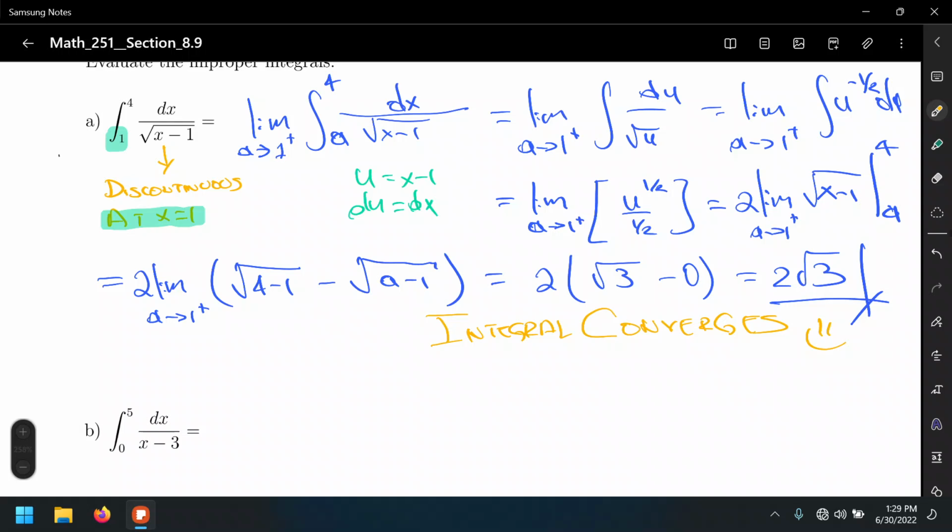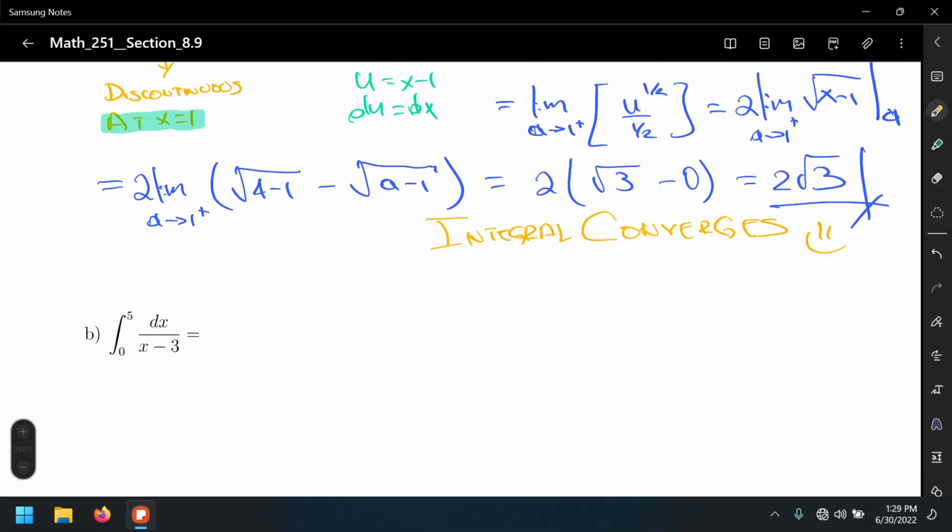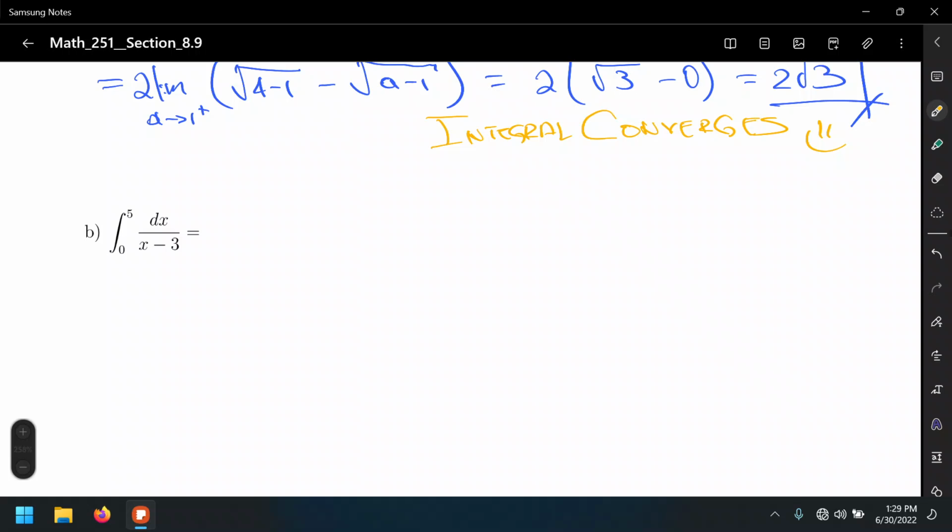Perfect, okay. Let's look at letter B. For letter B, we have the integral from 0 to 5 of dx over x minus 3. We need to be very careful with this kind of integral because it doesn't look like anything special. At first glance, we can just do ln of the absolute value of x minus 3 from 0 to 5, and that's ln of 5 minus 3 minus ln of the absolute value of negative 3.